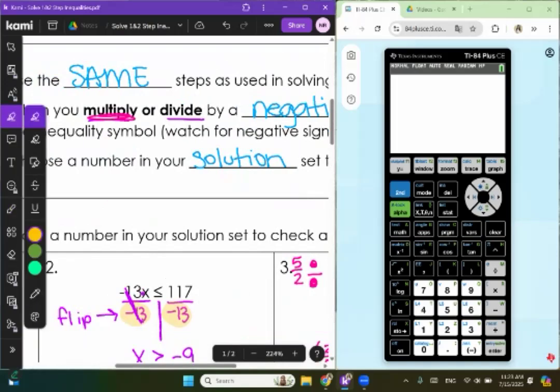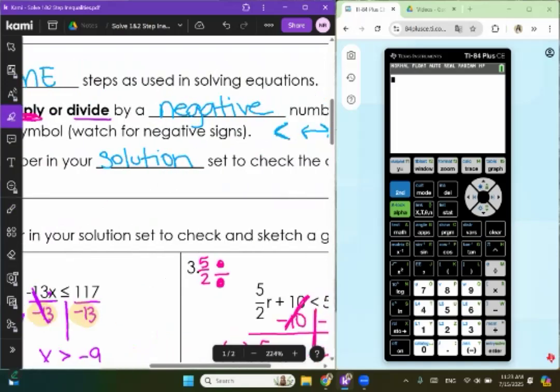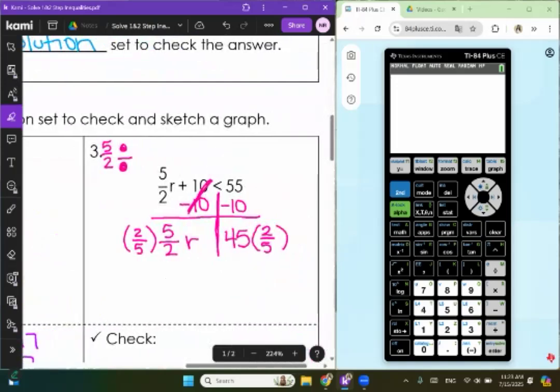Because we are multiplying, we need to check our number. Is the number that's moving across the inequality a negative number? It is not. So in this case, we do not flip. We leave the sign alone. 45 times 2 over 5. You get 18.